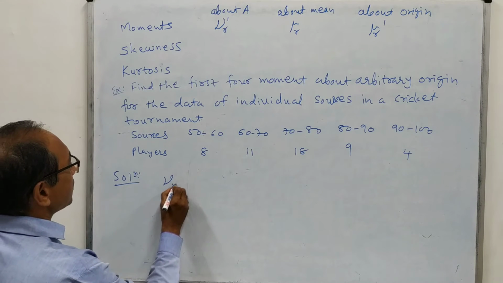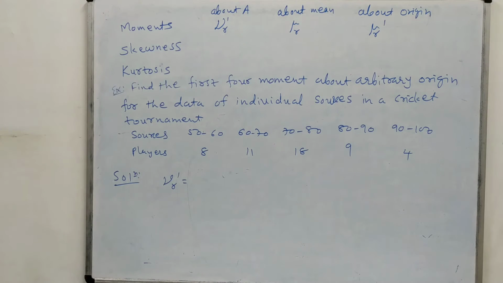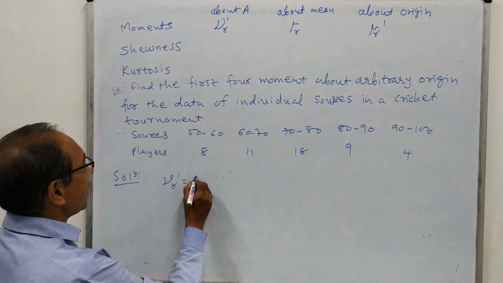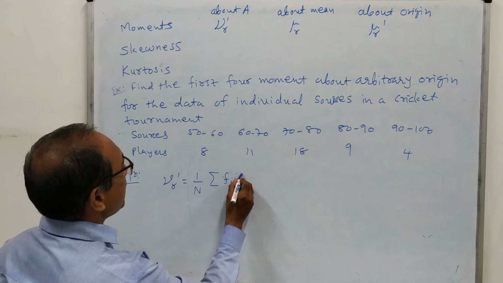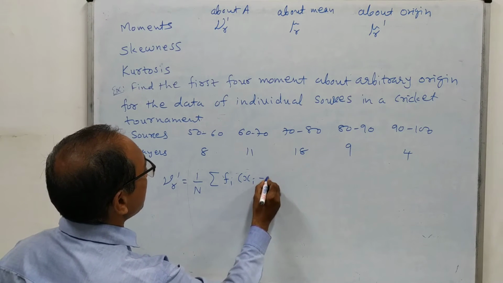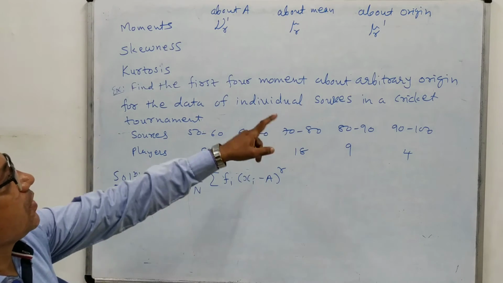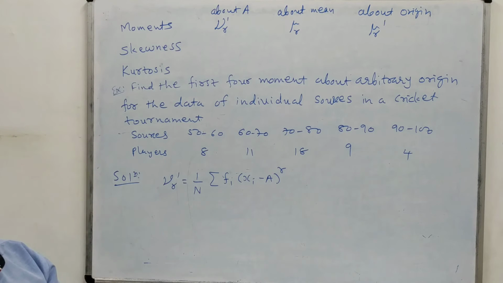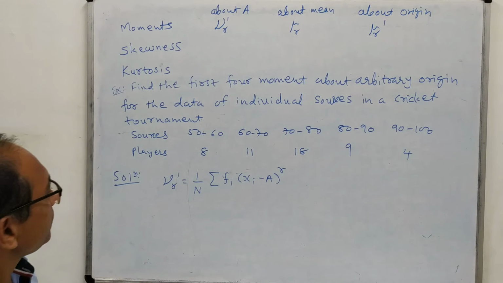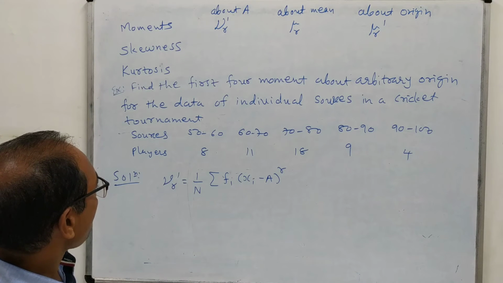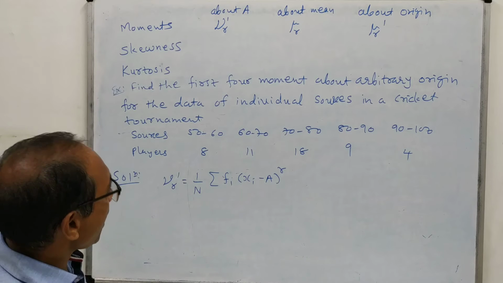Mu r dash equal to 1 upon n sigma fi into xi minus a whole raised to r, where a is the arbitrary origin, that means the assumed value, mostly the central value we assume as a.